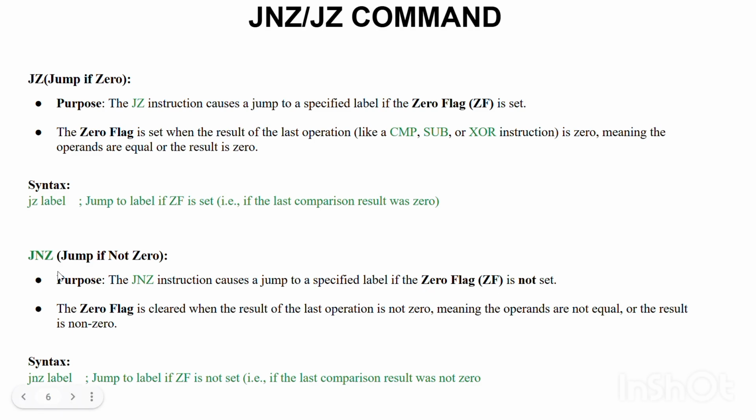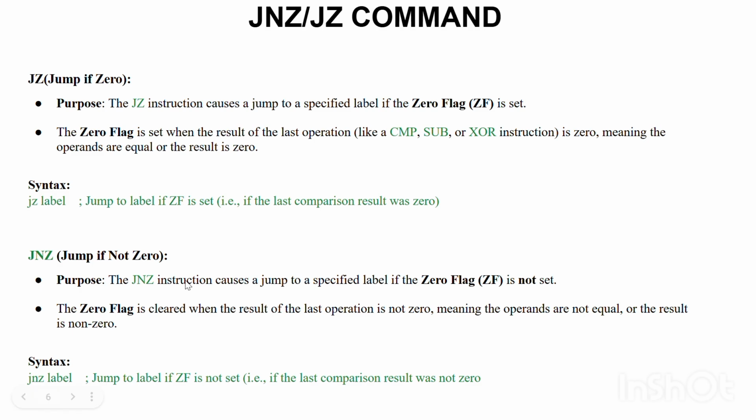Similarly for JNZ, jump if not zero. The purpose of this instruction is to cause a jump to the specified label if the zero flag is not set. The zero flag is cleared when the result of the last operation is not 0, meaning that the operands are not equal or the result is non-zero.